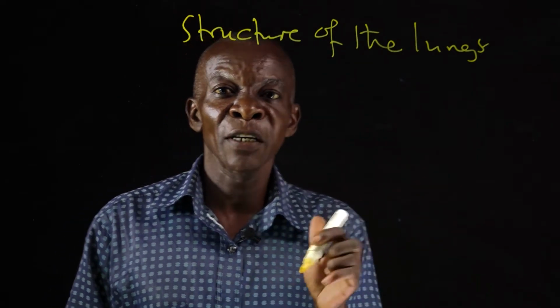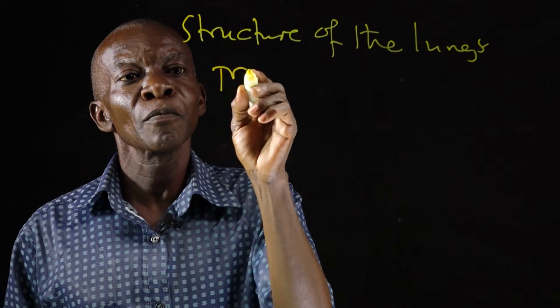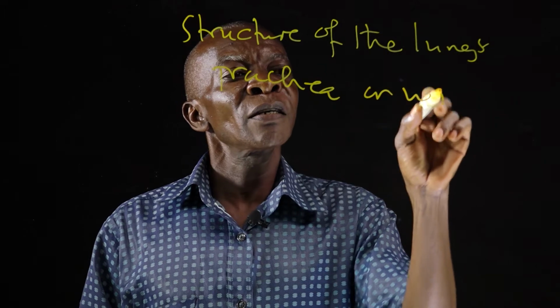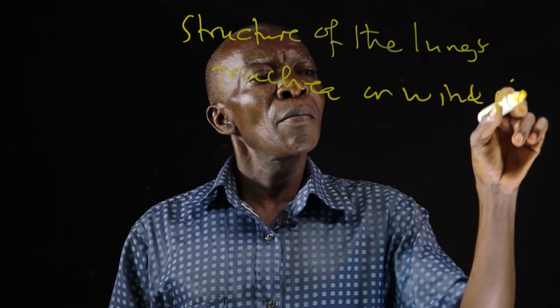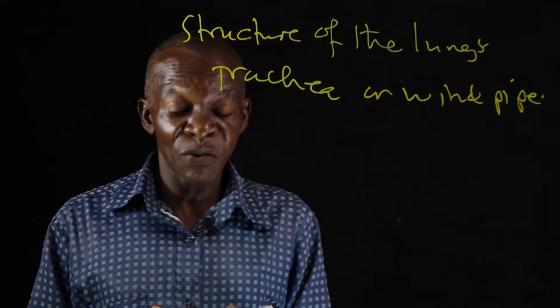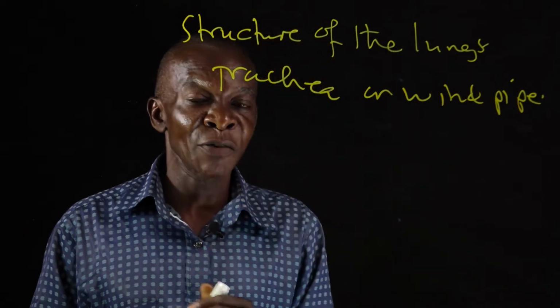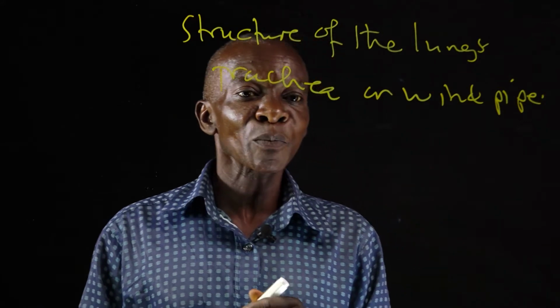This is called a trachea, or call it a windpipe. And this trachea is just found in front of the esophagus.